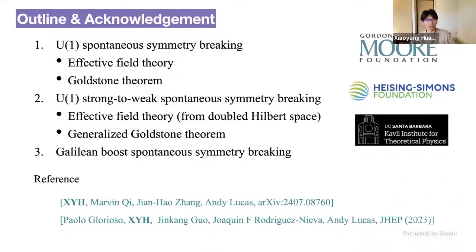And if time permits, I will say something about the SSB of the so-called Galilean boost symmetries. So the first two parts are based on the first paper below, and the third part is based on the second work listed below.